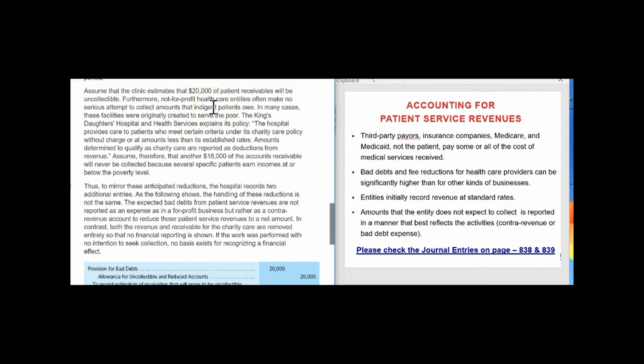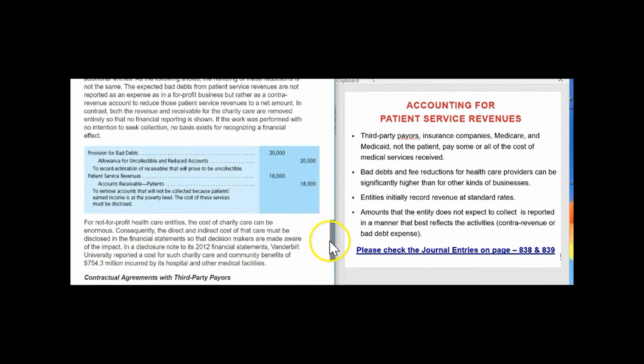That will be their patient receivables that will be uncollectible. And then they will confirm that out of those, this $18,000 will never be collected, either because those patients have very low income, they live below the poverty level, or they could be bankrupt. There's no way to collect it. So now how are you going to record it?